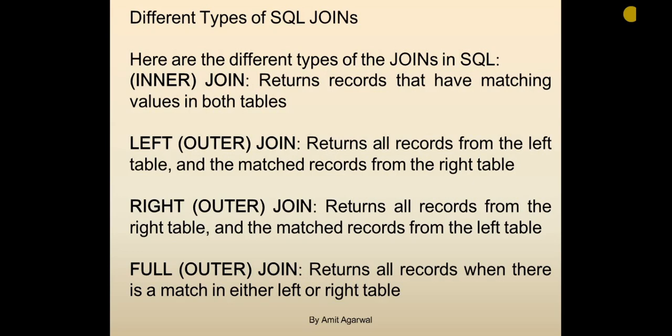Right outer join returns all records from the right table and matching records from the left table. And full outer join returns all records when there is a match in either the left or right table. This you will not understand unless you see the code, so let's look at a diagram and then move further.